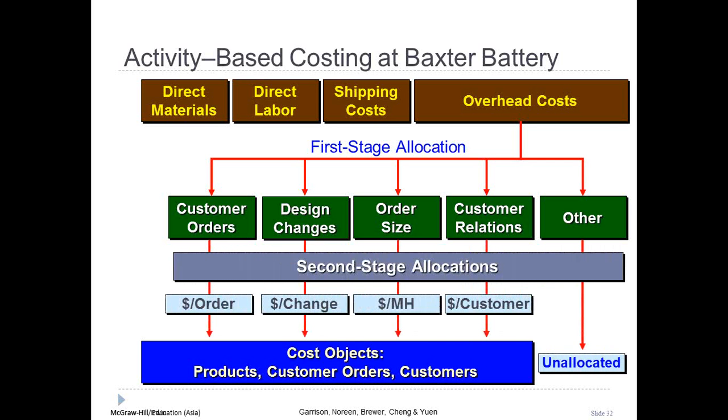Then activity measures were identified, activity levels were determined, and activity rates were computed for each activity as shown. These rates will be used in the next step to assign overhead cost to cost objects.